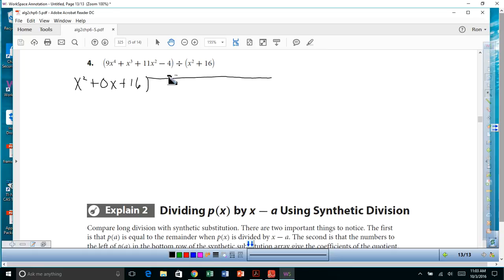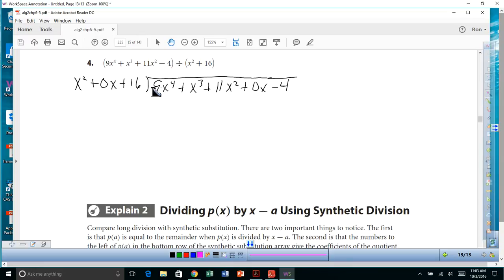So we've got 9x to the 4th plus x cubed plus 11x squared. And I don't have an x, so I'm going to put plus 0x minus 4. Again, I gave myself lots of room. This time I'm going to start over here.